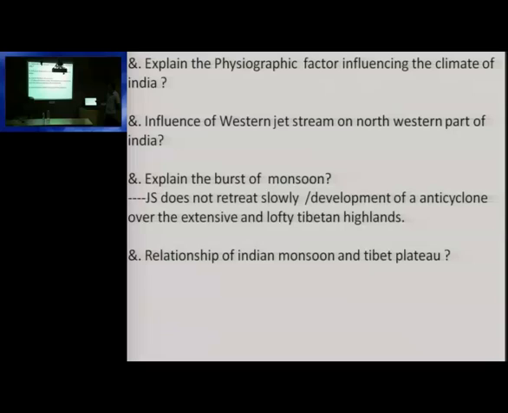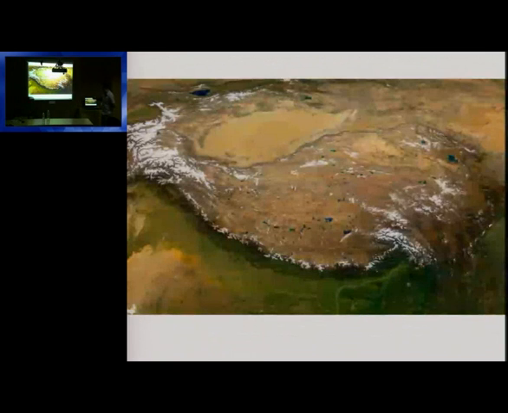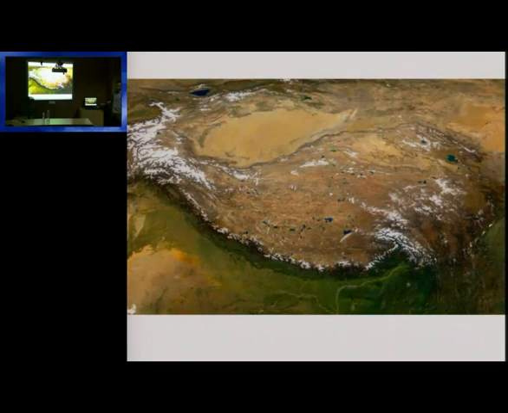Explain the burst of monsoon, okay. This I will explain. Three or four of you have questions regarding this. Let me take this. See, look, this is the Tibetan Plateau. We have a jet stream.